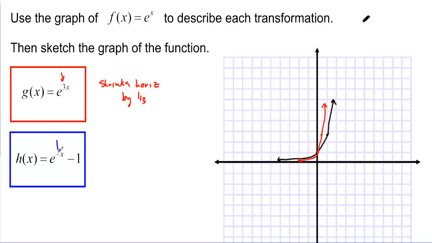This negative on h of x is on the inside, so this is a reflection over the y-axis and then down 1. So we say reflect over the y-axis and down 1. Let's take the black and reflect it over the y-axis. That's over here.